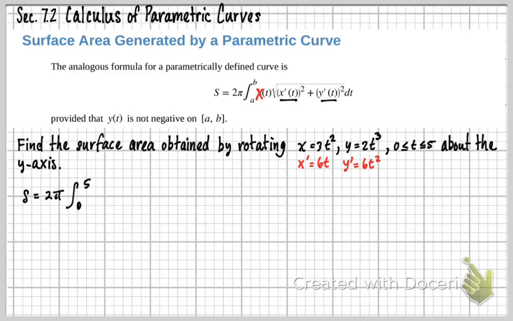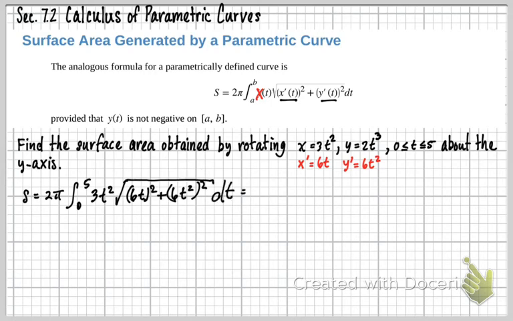We have those now. And that's going to be my x(t). So my x(t) is going to be 3t squared. And then I have this integral. And then x prime t squared is going to be 6t squared plus 6t squared squared, all square rooted dt.